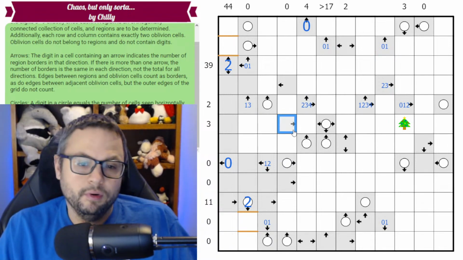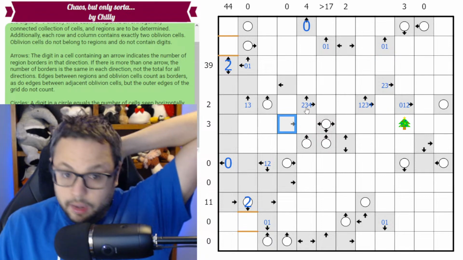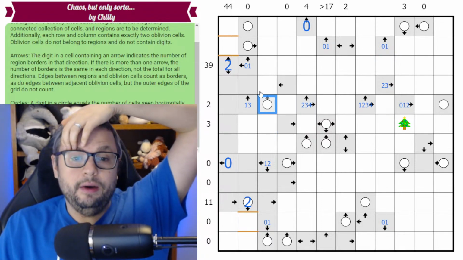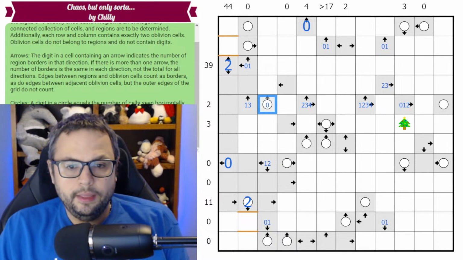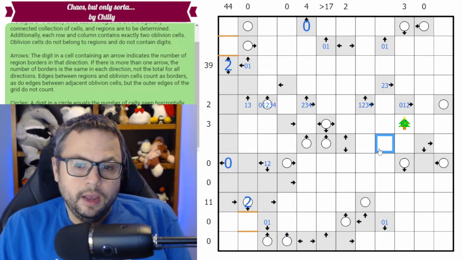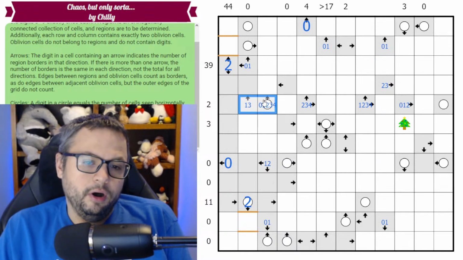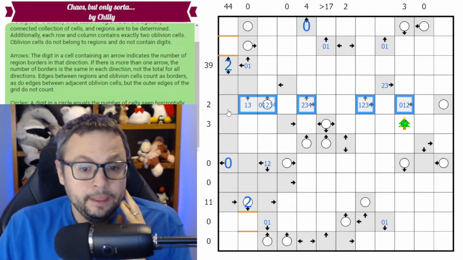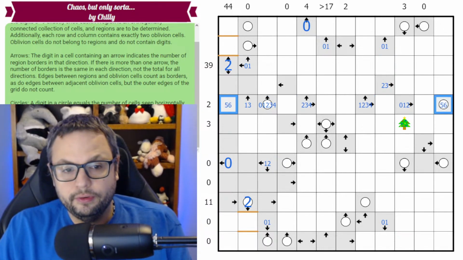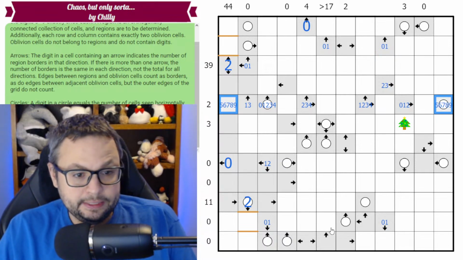So this is 2, 3, or 4. And this one now is 1, 2, 3, 4 at maximum. This one could still be 0. But the point is that all of these form a quintuple. This is what M. Nasty told me earlier. So therefore, these cells are 5, 6, 7, 8, 9 at least.